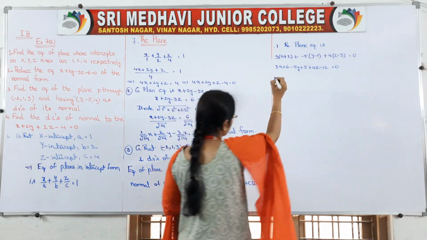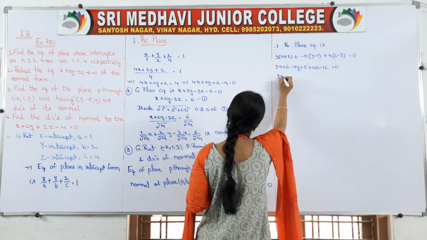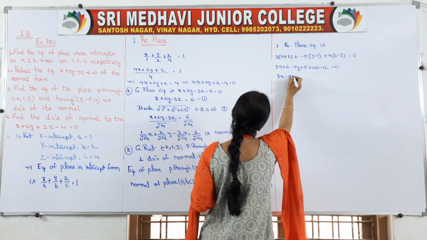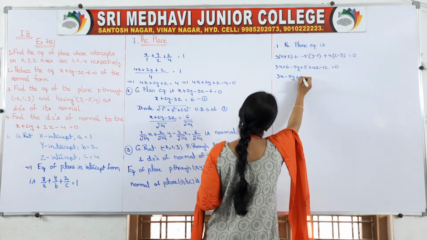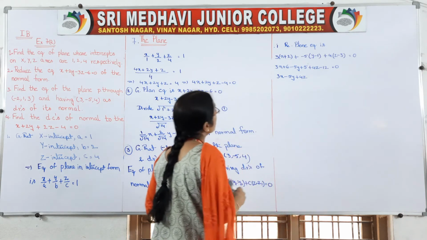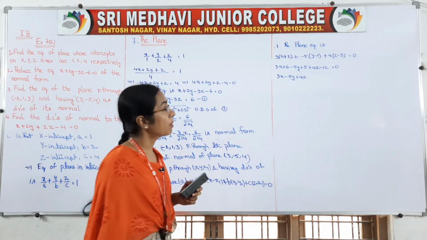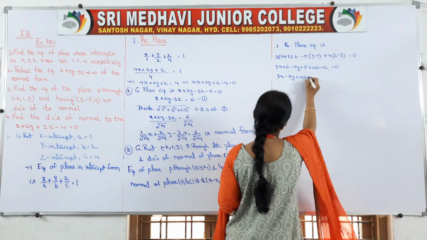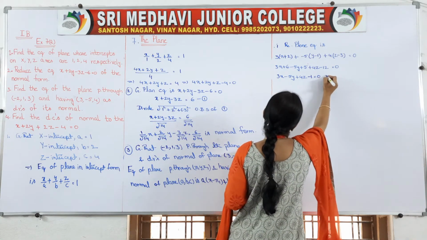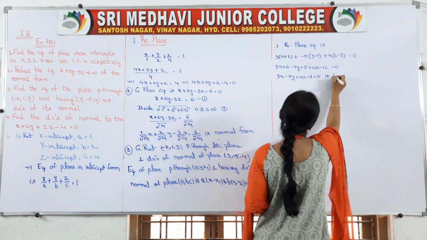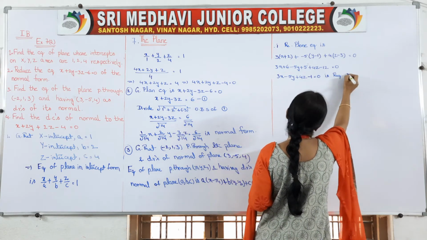Writing the equation in order: 3x minus 5y plus 4z, and 6 plus 5 is 11, 11 minus 12 is minus 1, is equal to 0.